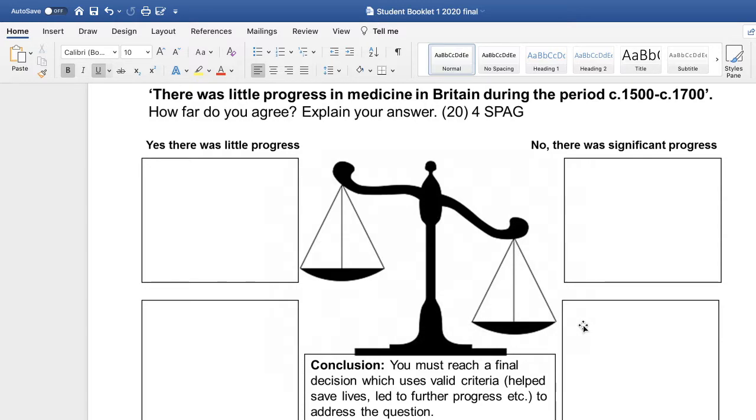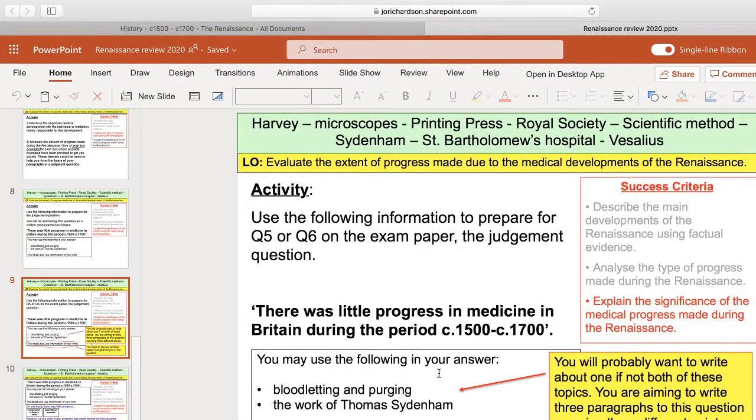Now, this judgment question is marked out of 20, so 16 marks, and then 4 marks for spelling, punctuation, and grammar. Every time you get an assessment question, a judgment question, this is the big one in paper 1, you are given 2 points. So you get a choice of question 5 or question 6.